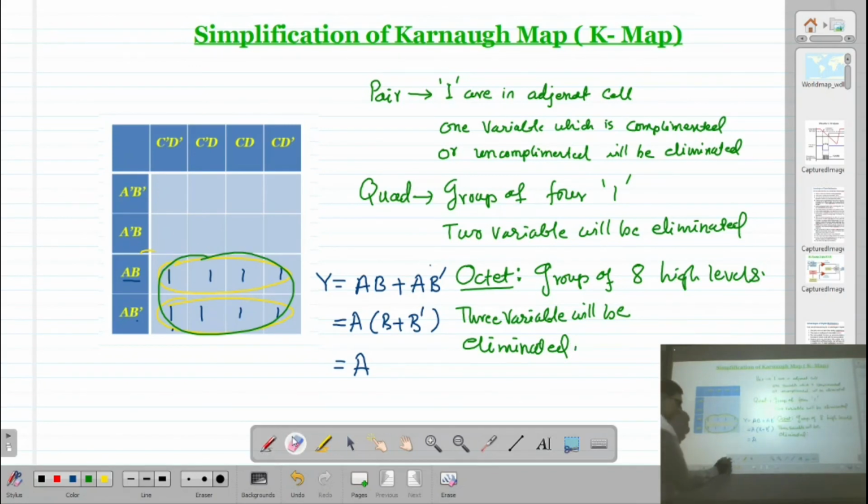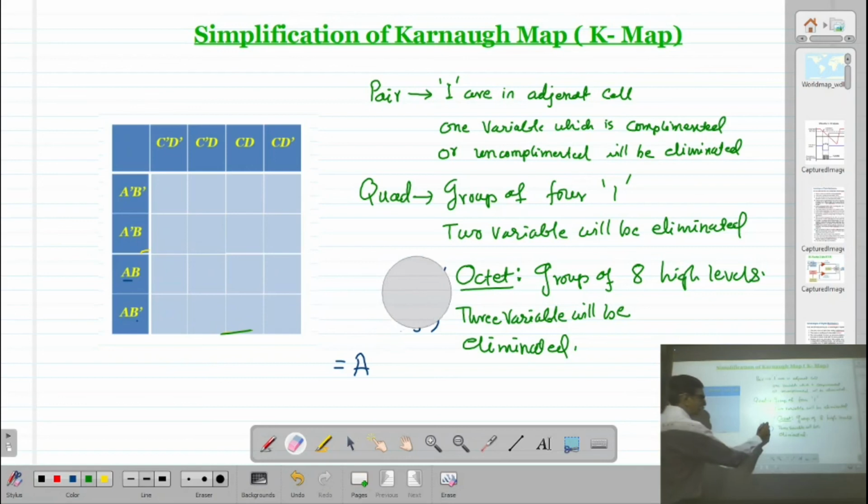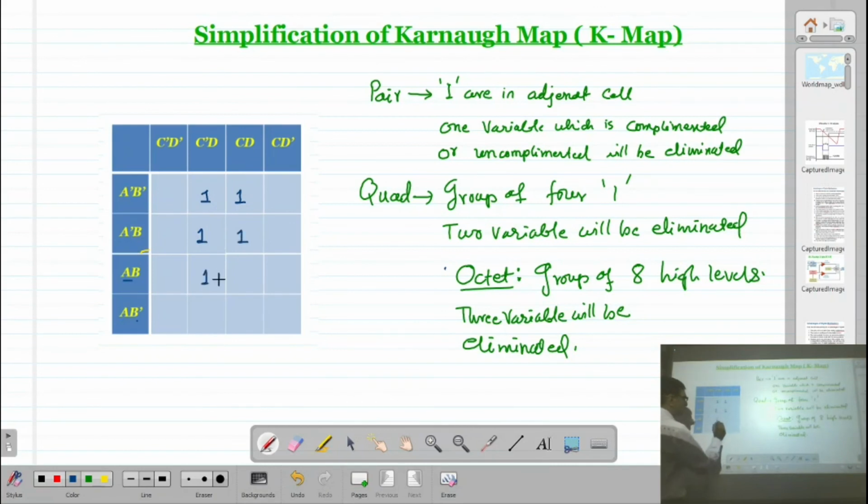Let us see one more example. We have the high levels here, here. Correct? So what do we have to mark? It is a kind of octet. And in this octet, which variables are going to be complemented and uncomplemented?